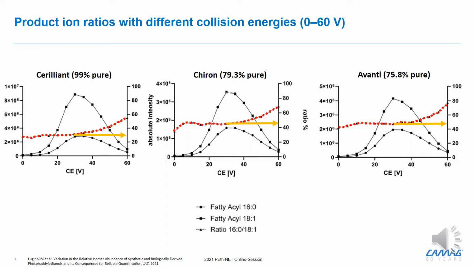It is indicated here with the dotted red line between 0 to 60 volts for all of the 3 reference materials. We can see that at about 30 volts for Cerilliant, which is pure, we have a ratio of about 30. For Chiron, we have a ratio of about 45, and for Avanti, a ratio of about 50.